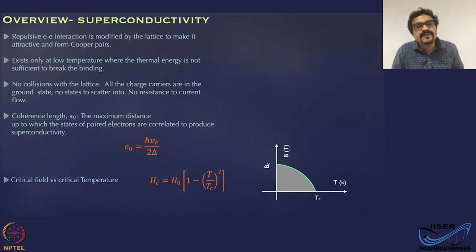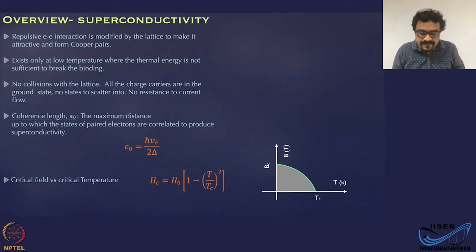And as we know, superconductivity is a low temperature phenomenon, because the thermal energy should not break these pairs. The binding energy of these pairs should be higher than the thermal energy at the temperature where it exists, otherwise these pairs are broken and become normal electrons.